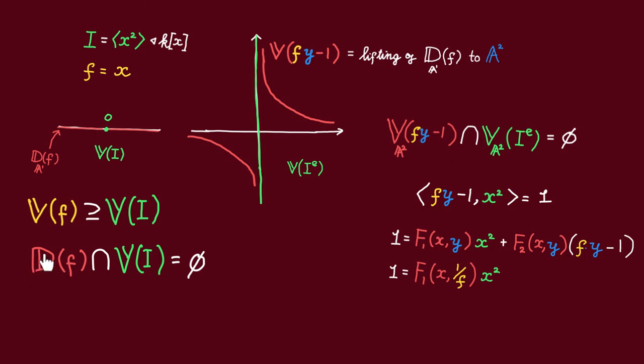So he pushed this set of non-zeros of f into this higher dimensional version, which is now an affine variety. And he also put the zero set of I into higher dimension.